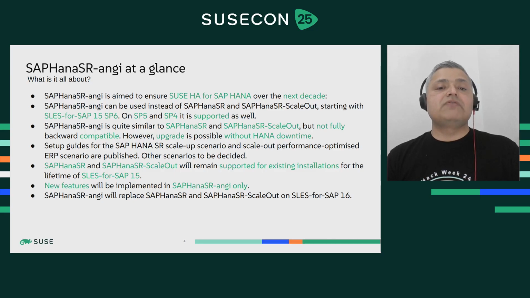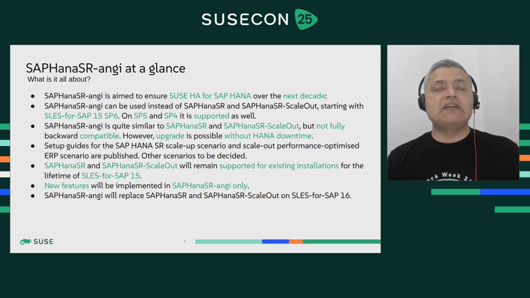So what about the existing classic packages? The existing classic packages will remain supported for existing installations till the lifetime of SUSE Linux Enterprise Server for SAP applications 15. And it is also important to note that any new feature will be implemented only in the new SAP HANA SR-angi package.